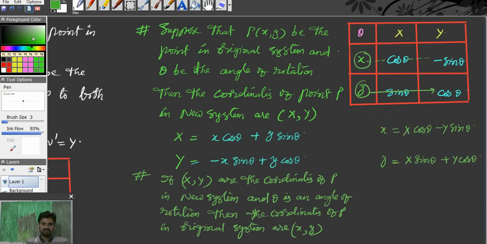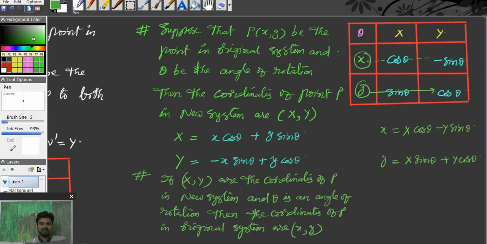So like that we can find the coordinates of a point in the new system when the old system coordinates are given, and in the same process the coordinates of a point P in the old system when the new coordinates are given. In both cases there is one common thing: the angle of rotation will be given.